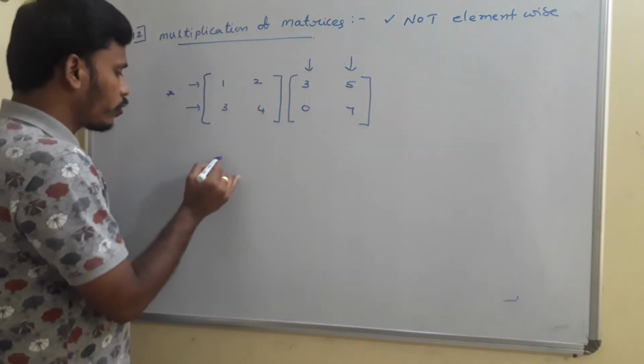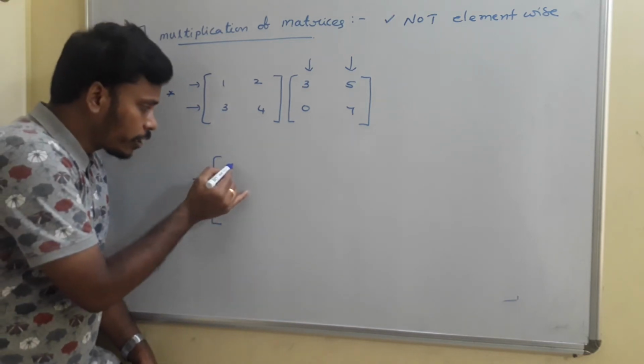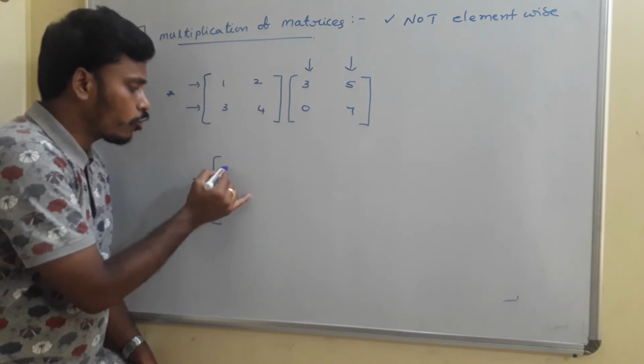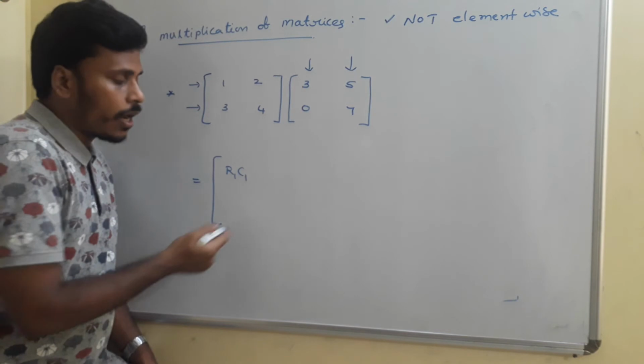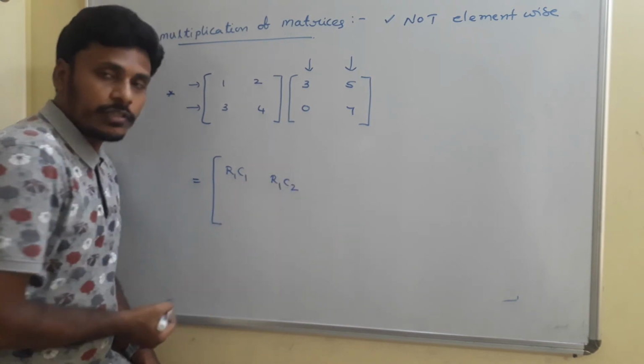To multiply these two, first think about this position. This position is first row, first column, so you may take it as R1 C1. And this position is first row, second column, R1 C2.